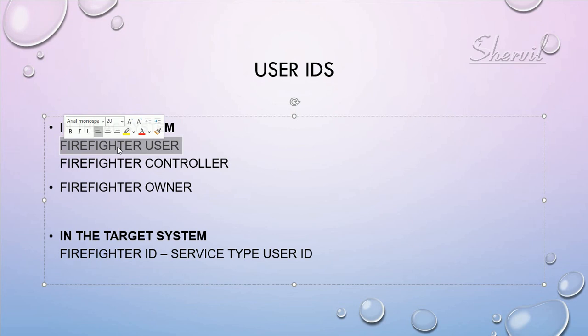These firefighters can access firefighter IDs assigned to them and can perform any tasks for which they have authorizations, coming from the emergency role, the elevated role.